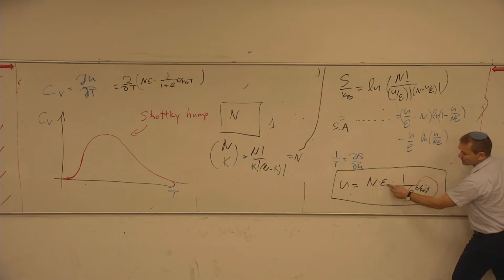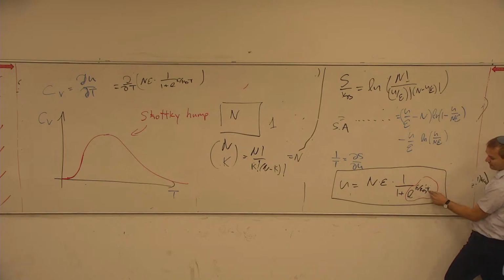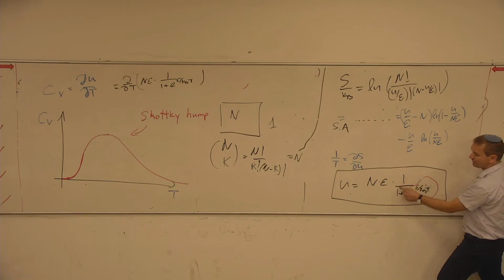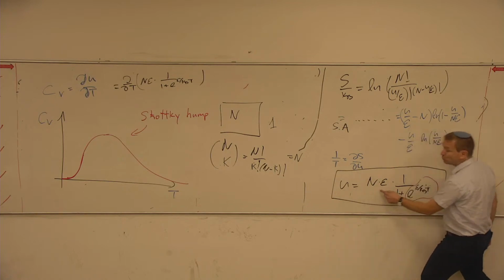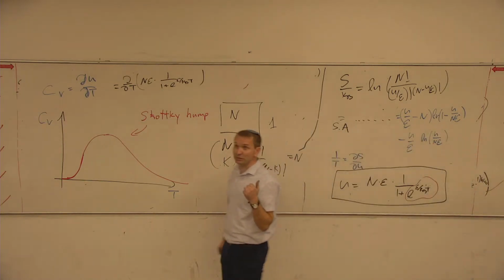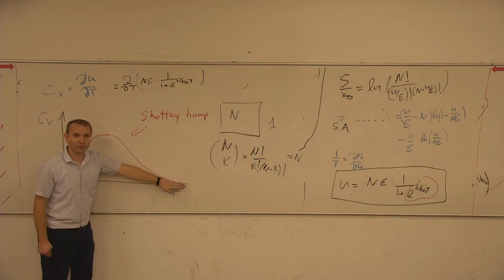N multiplied by epsilon divided by 2. Look at this. When T is large, this is e to the 0th power. So this is simply 1. So this is 1 divided by 1 plus 1. So for high temperatures, U goes to a constant. So if U goes to a constant, the derivative of U with respect to temperature goes to 0.